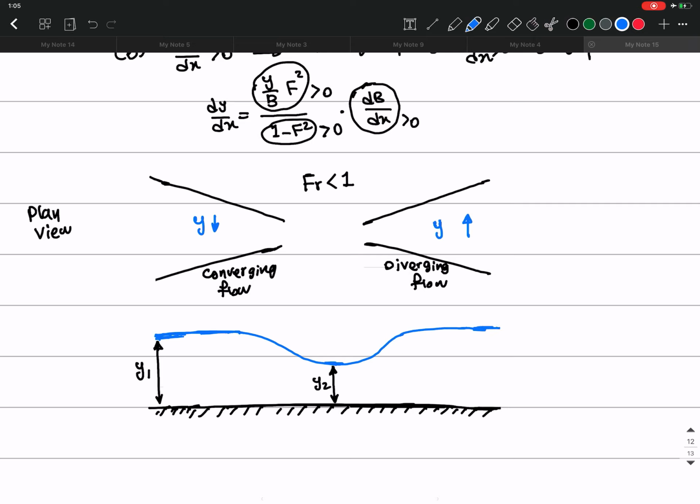Okay, so this is from side view. This is from plan view, from top, and this is from side view. So this is how the depth of the flow is going to change in this constriction when flow number is smaller than 1.